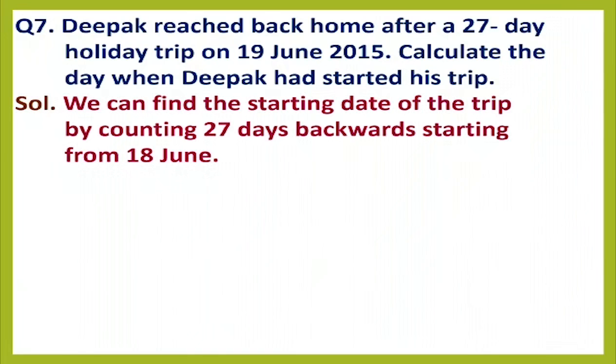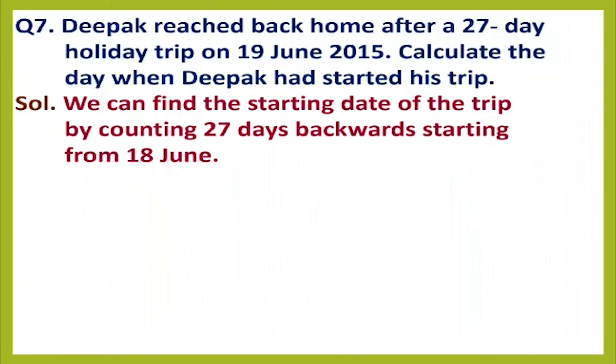So we can find the starting date by counting 27 days backwards starting from 18 June. We will start from 18 June, not from 19 June, because on 19 June he reached back home.